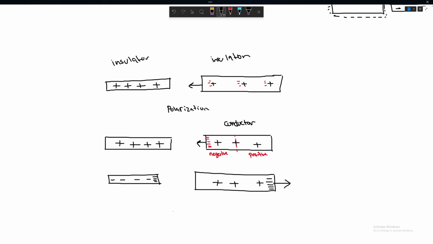But I mean if I put one conductor here and one conductor here, right? And if they both have the same charge, they're kind of both gonna stay neutral and they're both gonna stay like this. Because if they're the same charge, it will just cancel out.